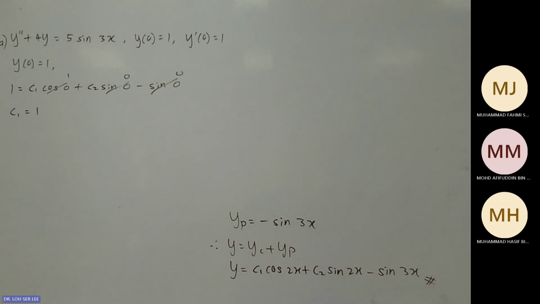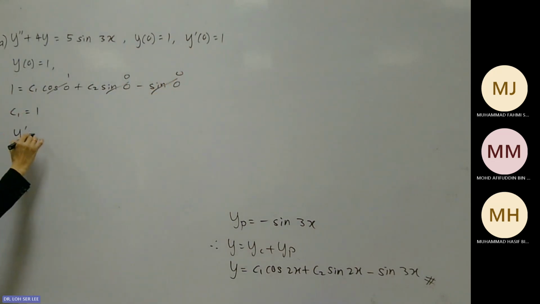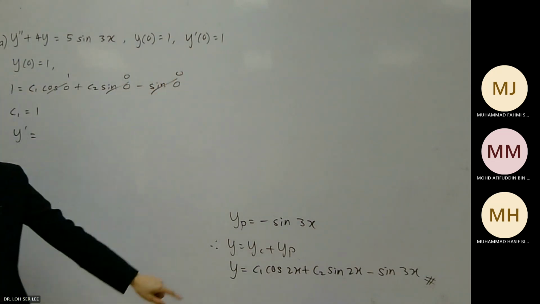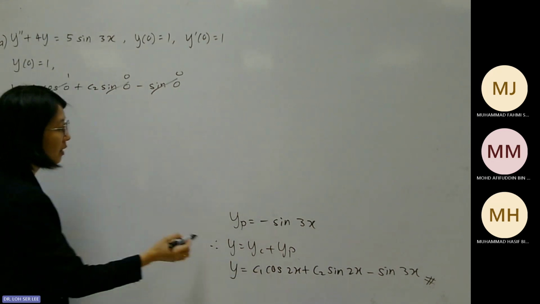Okay, C1 is 1. Then before you apply the second initial value, you have to get the y prime first from here. Differentiate your general solution to get the y prime. Differentiate cos, we get a negative sign.